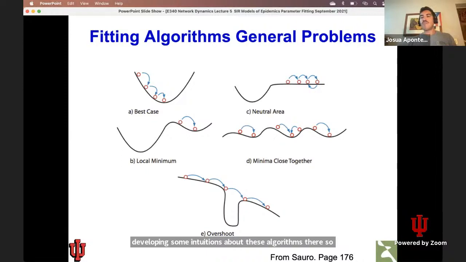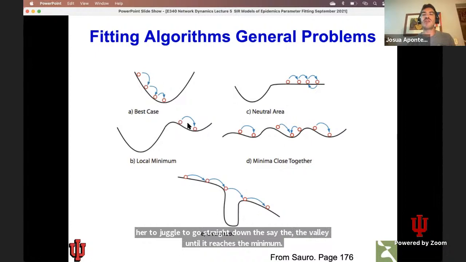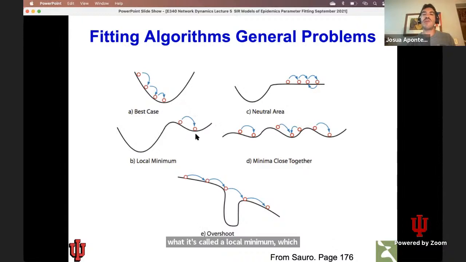There are also other types of problems that your optimizer can have. In the best case scenario, you want your optimizer to go straight down the valley until it reaches the minima. But sometimes your optimizer can get stuck in what is called a local minimum, which is a region of the space that decreases the difference, but it's not the best possible solution.